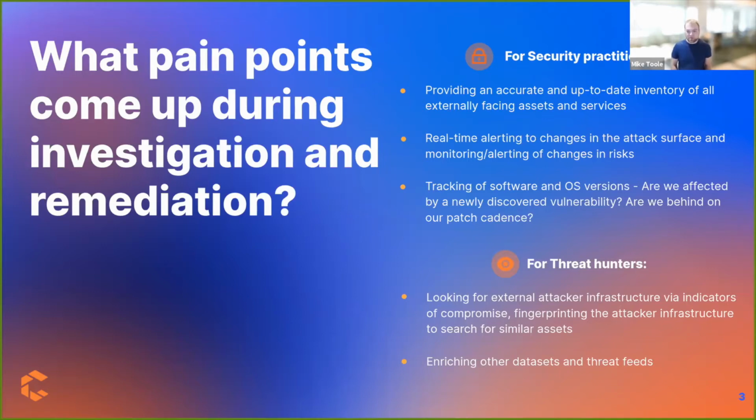Being accurate is important about your assets. And then we're also going to talk about tracking your assets and the software OSs. We're going to talk about your tracking of software and OS versions and how that affects how we discover vulnerabilities and your patch cadence and what that looks like.